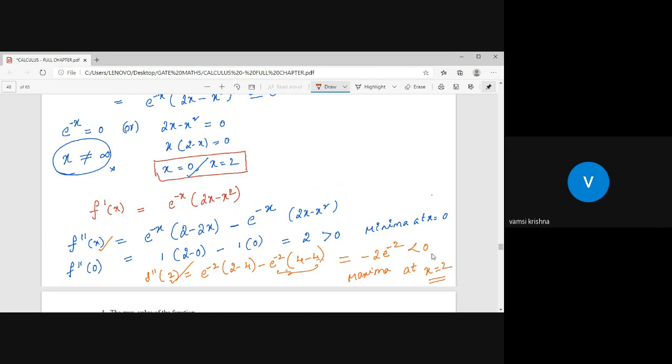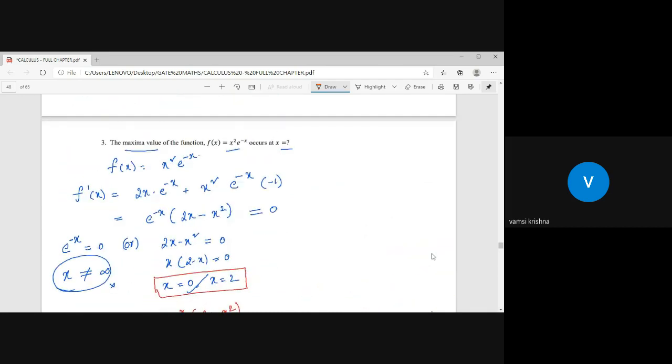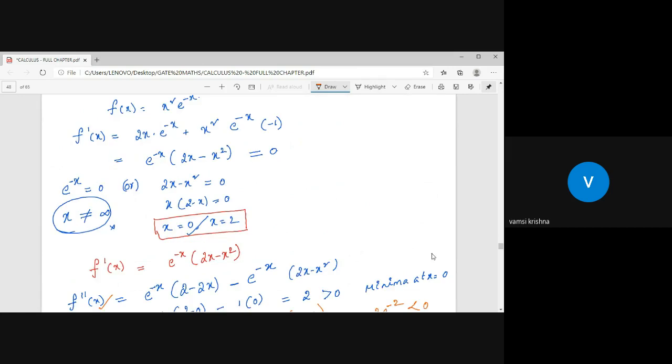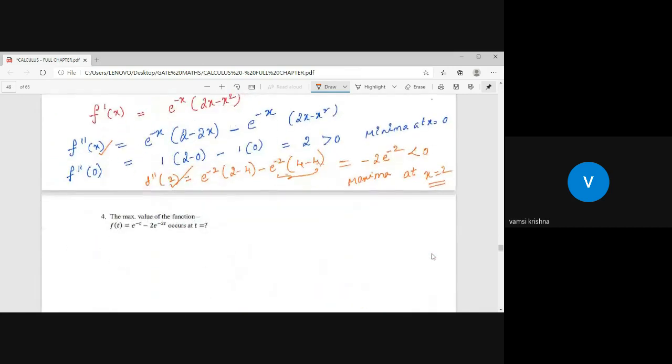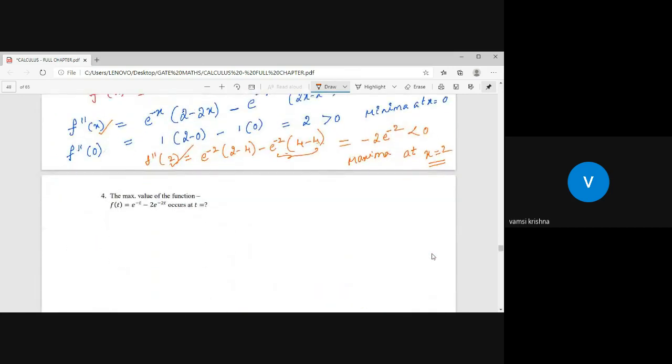Do you want to see the question again? The question is the maximum value of the function f of x occurs at. Yes, it occurs at x is equals to 2. When x is equal to 2, the function has maxima.